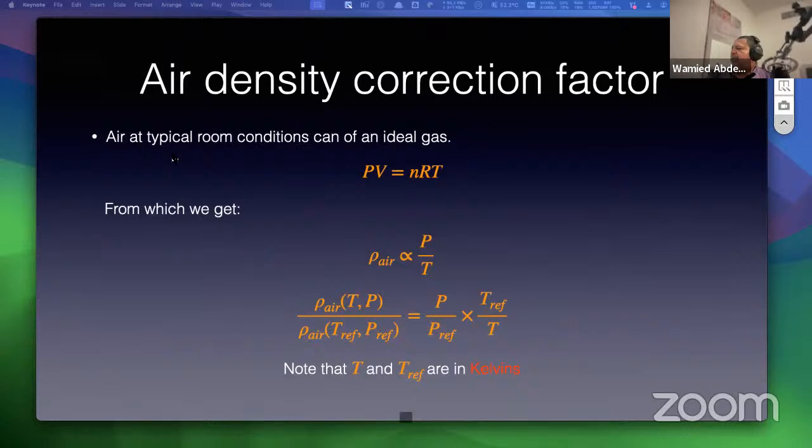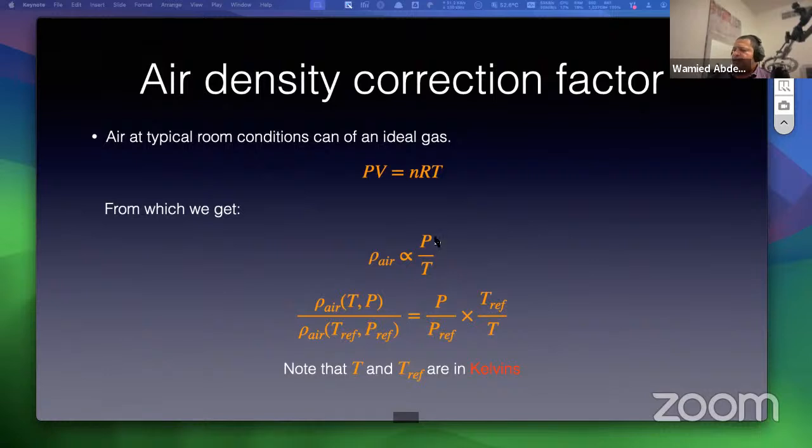Well, at typical room temperatures, air can be treated as an ideal gas. And this is the equation for an ideal gas, PV equals nRT, from which we get that the density of air is proportional to the pressure and inversely proportional to the temperature.